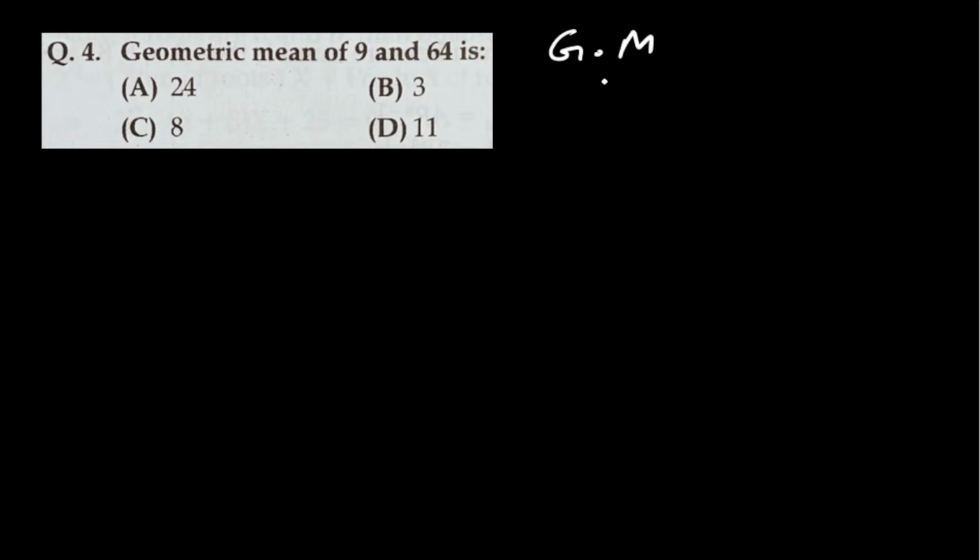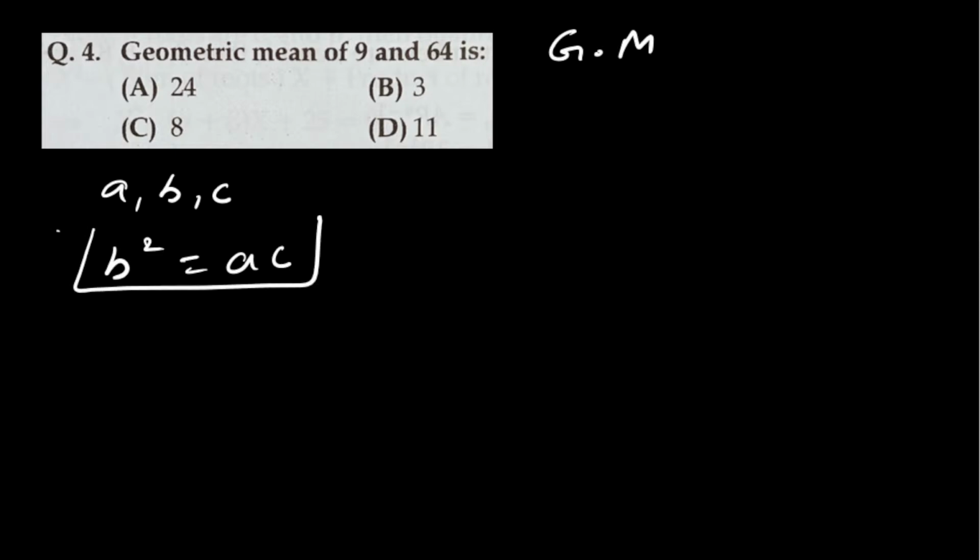When we were doing ratio and proportion, in continued proportion, if three numbers are in proportion, we used one formula: B square is equal to AC. I told you that time B is the mean, but it is the geometric mean. So that time itself we did geometric mean.